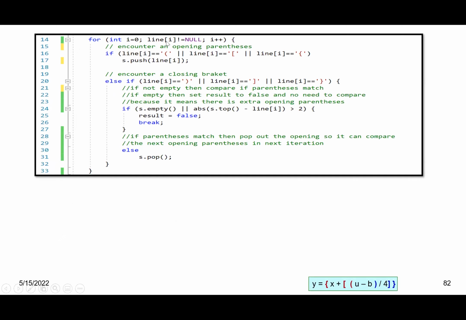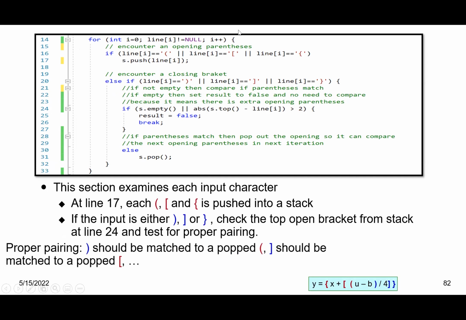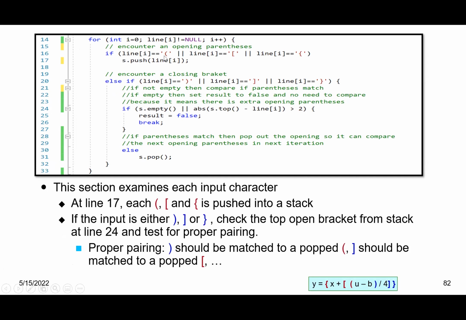Every time I check a character, if I encounter an opening, what we have to do, you see, if line[i] equals this round bracket opening, this square bracket opening, or this curly brace opening, I will push line[i] to the stack, right?